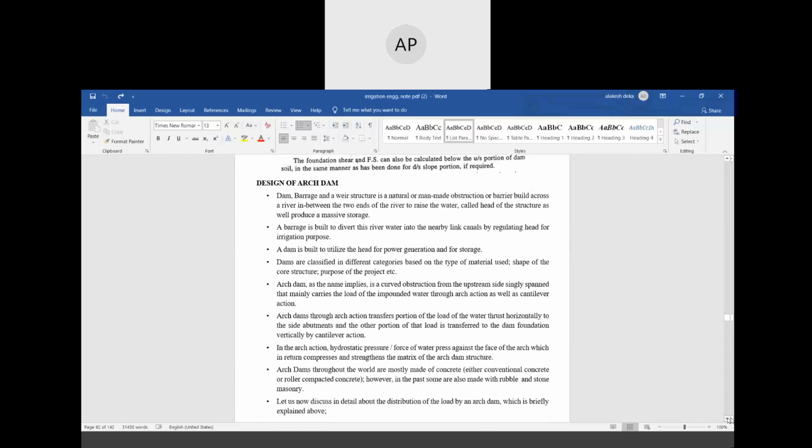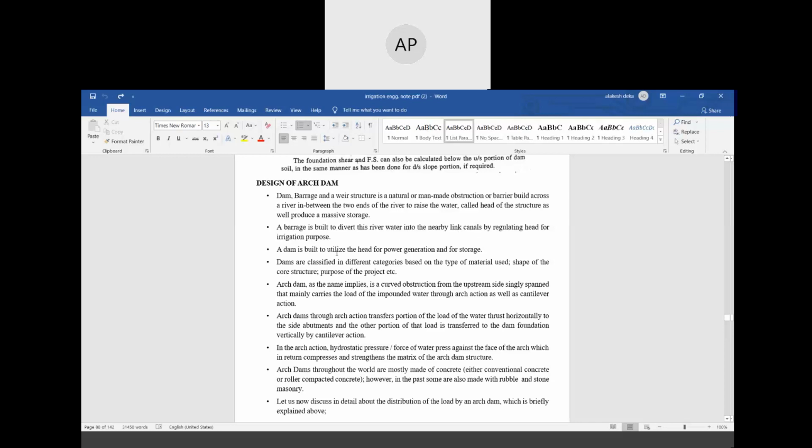Design of arch dam. So what is an arch dam? A dam, barrage, or weir structure is a natural or man-made obstruction or barrier built across a river between the two ends of the river to raise the water, called head of the structure. A barrage is built to divert this river water into the nearby link canals.